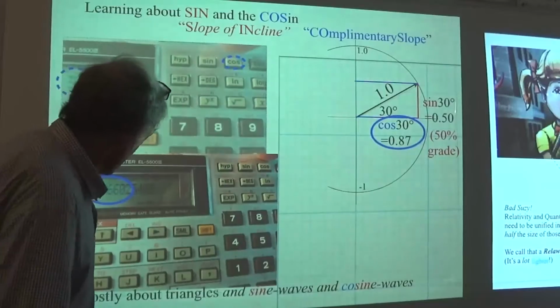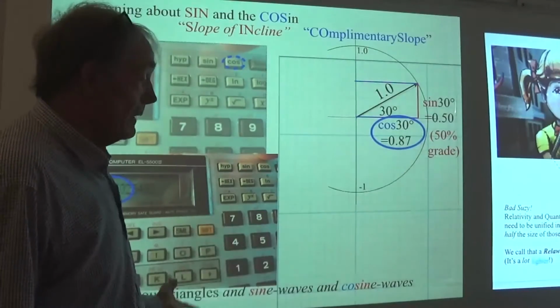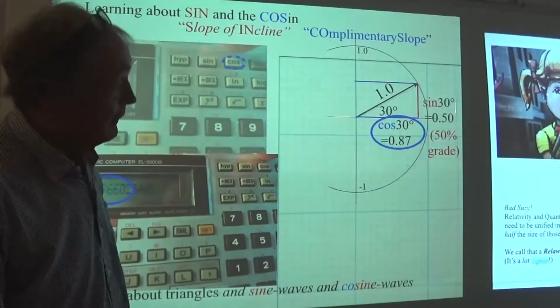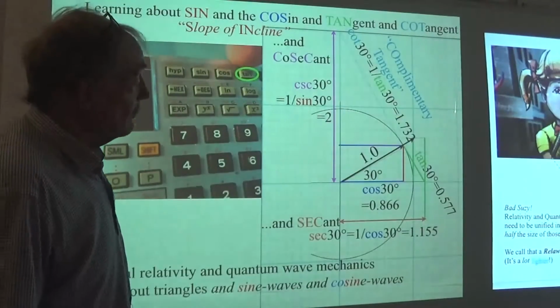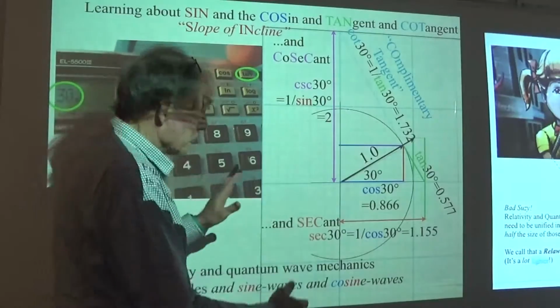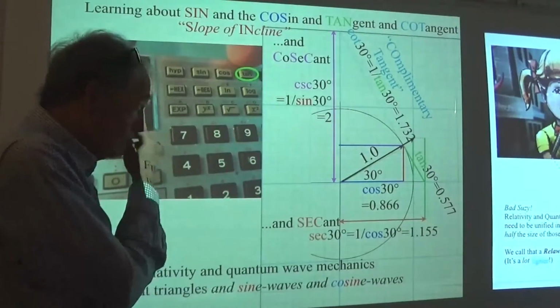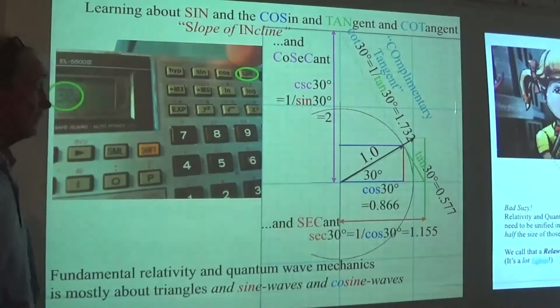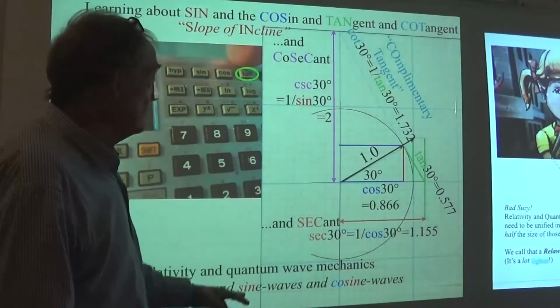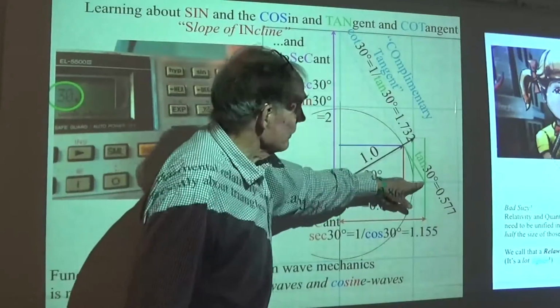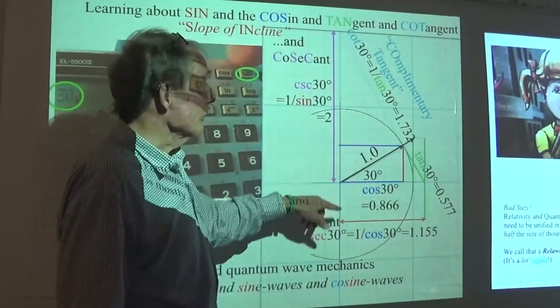Now, everything that we're going to be doing today is mostly about triangles. Sine and cosine, but lots of other functions in this. There are a whole bunch of functions that make a kind of roadmap, and this is the basic roadmap that we're going to use to develop modern physics. And the names for these things are appropriate. The secant is a distance that you cut into the circle.